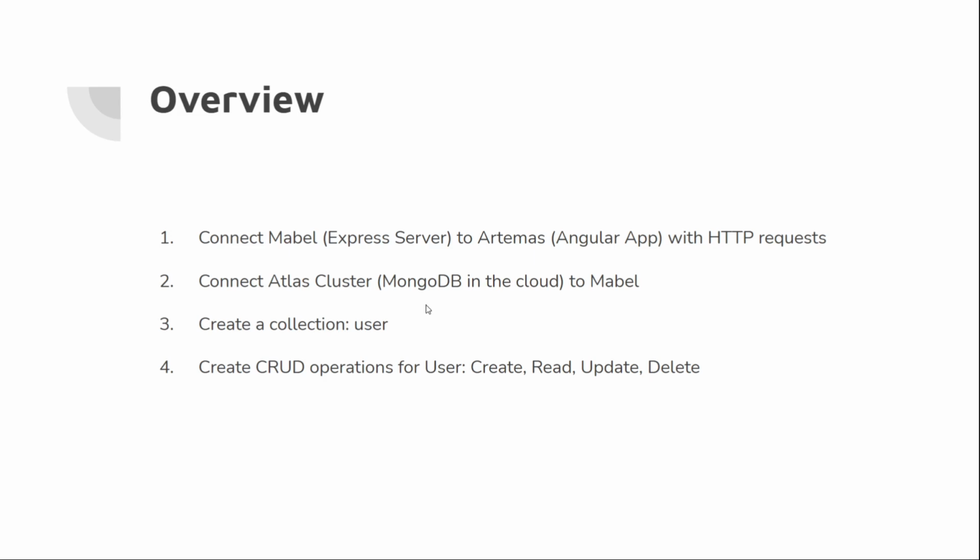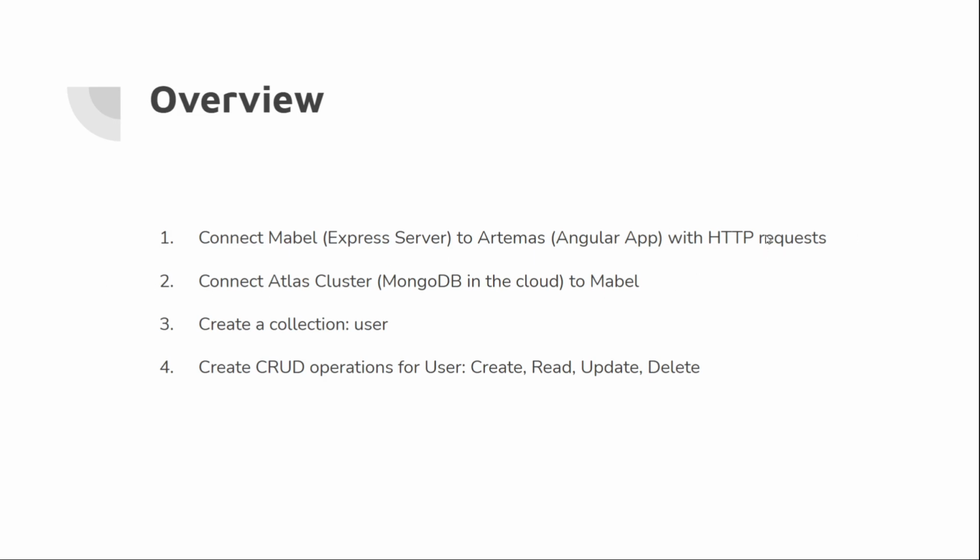I mentioned previously that we're going to cover authentication. So we're going to start off by creating our user collection. And last but not least, we're going to do CRUD operations for our user collection. If you're not familiar with what CRUD is, that just stands for create, read, update, and delete.